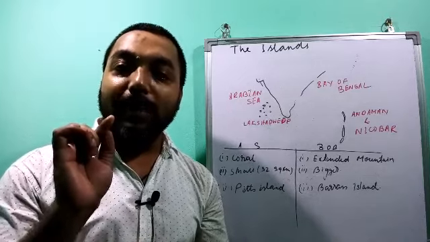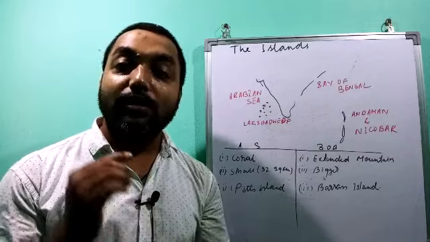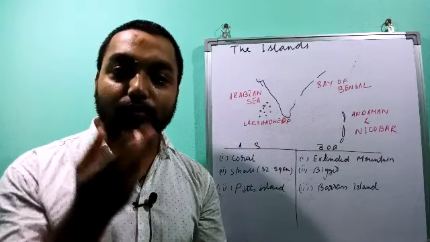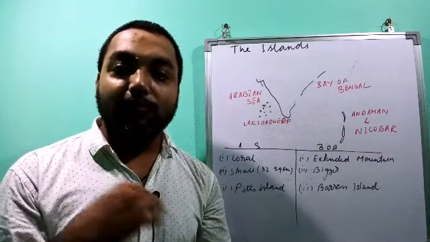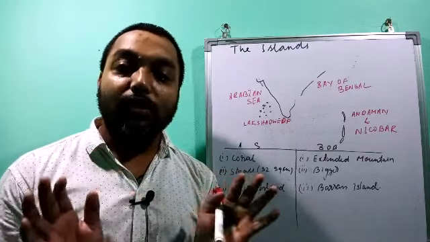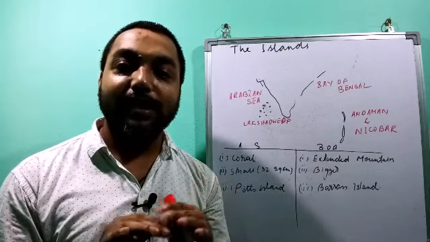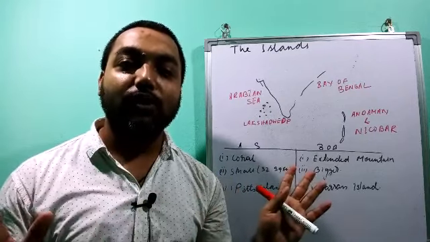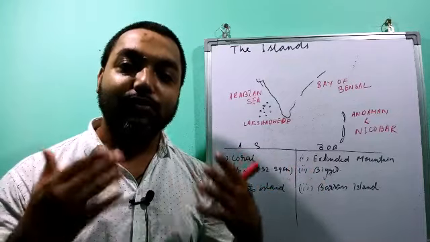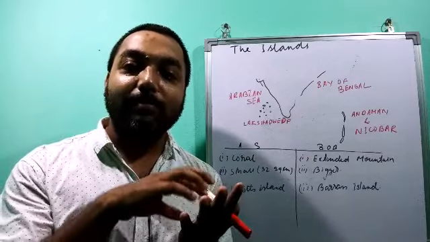Corals are small microscopic organisms which secrete lime, you can say give out lime. They stay in colonies in huge amounts. Every day they go on secreting lime, and the lime accumulates in a particular position.